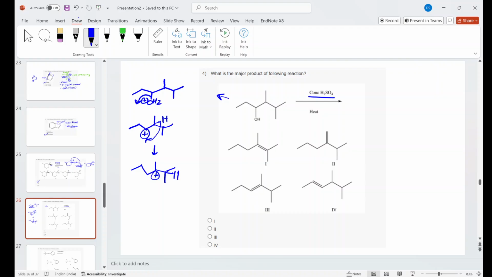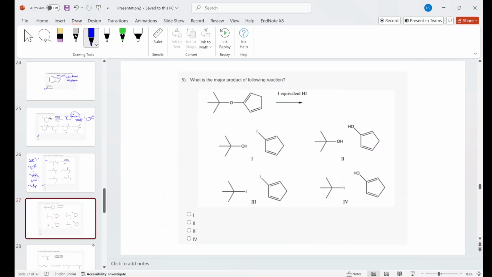Then you have a proton here that can be abstracted by water, H2O. This will form the stable alkene. So what will be the answer? This will be the first one.